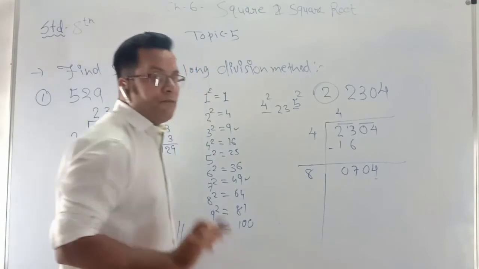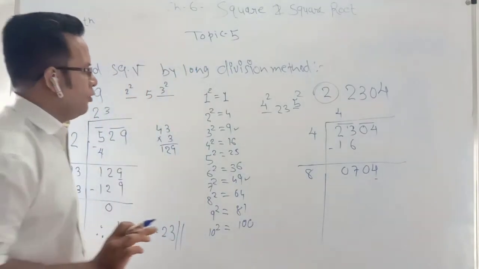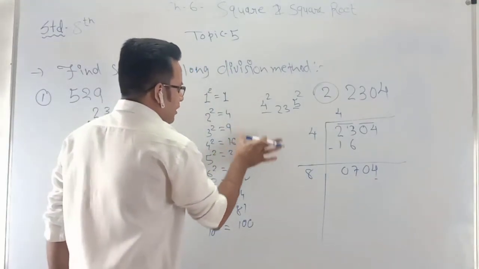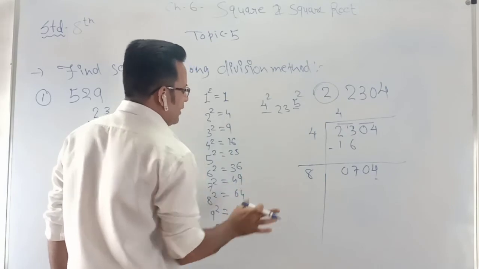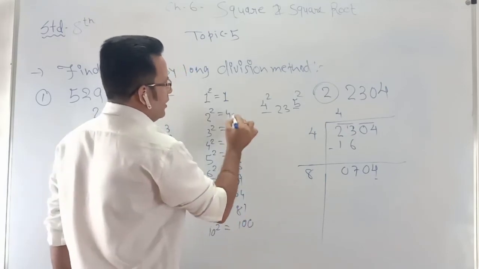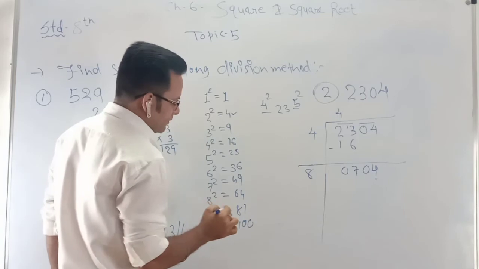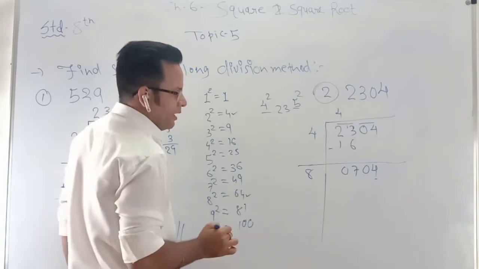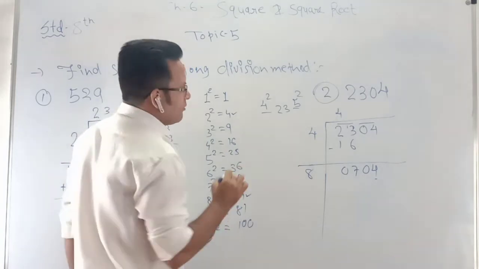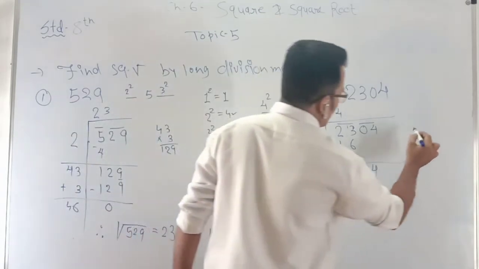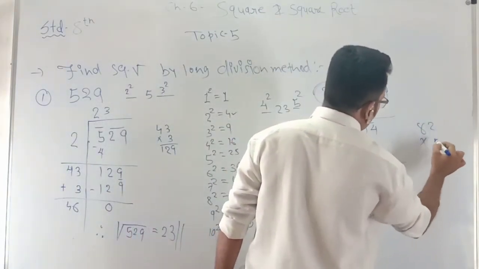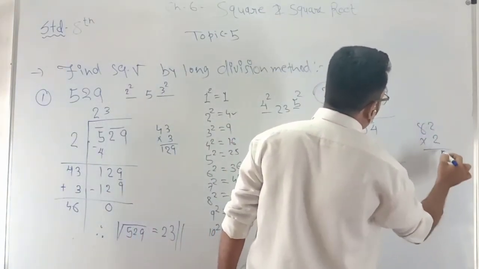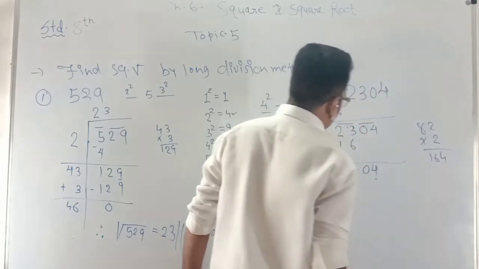Now you want 4. Okay, unit place is 4. Now which square numbers have unit place 4? So 2 square and 8 square. Now if we are taking 2 square, students, see here, 82 into 2. 2 2s are 4. 164.